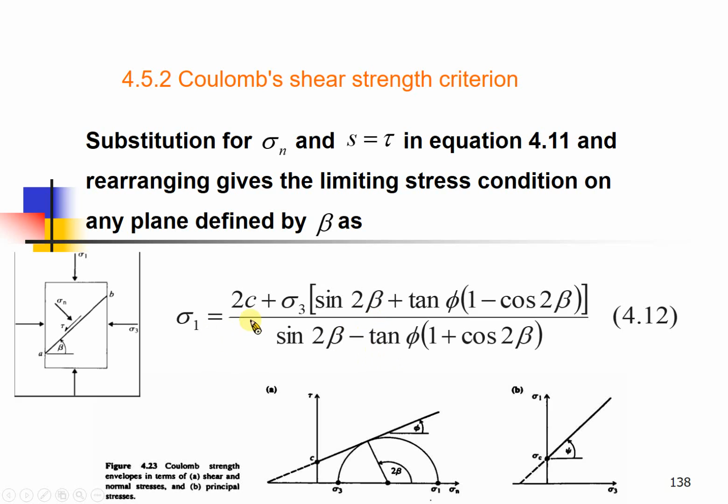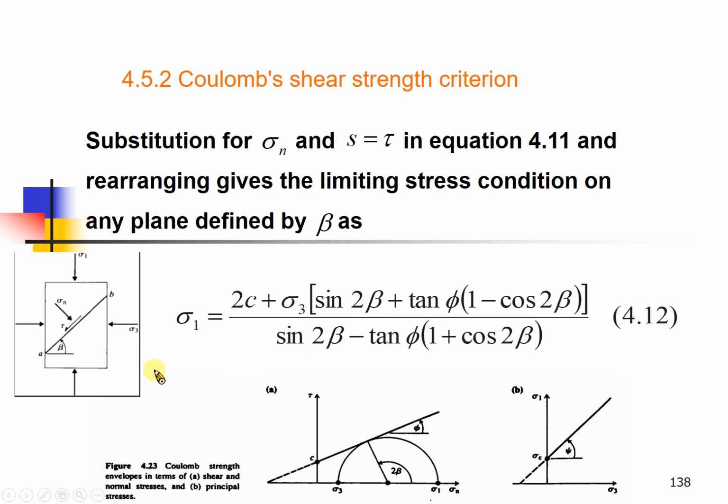Of course, it will be a function of C and phi. The sigma 1 will be a function of sigma 3 and beta. That means if you have a different beta, then you will have a different failure criterion. If you have a different beta, then you will have a different peak axial stress. Okay?